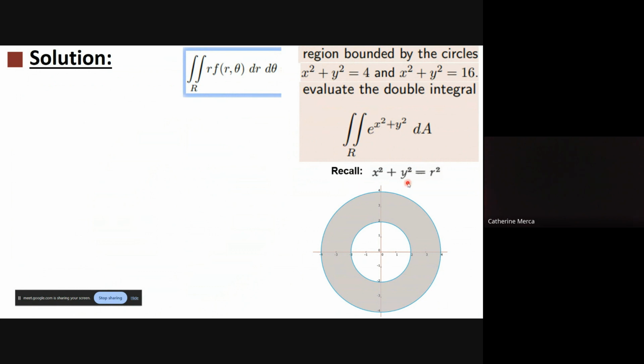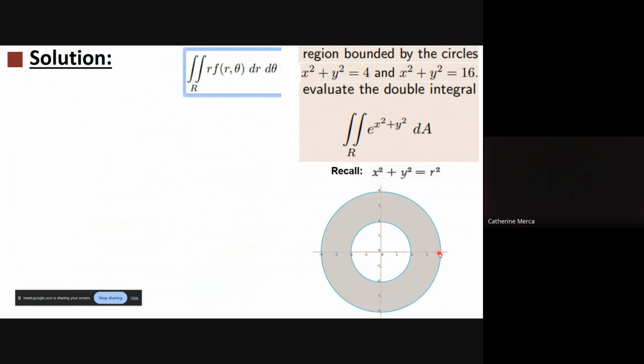And since you already know that r is from the value 2 to 4, also theta is from 0 to 2 pi.